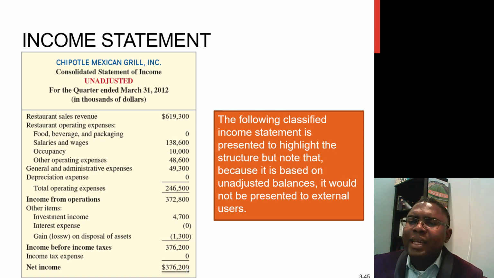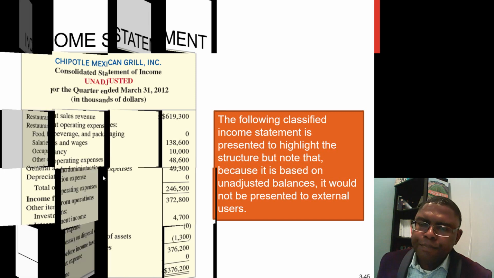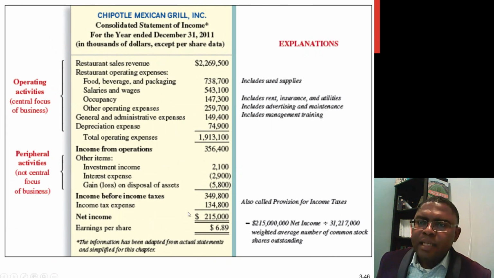Then we take the balance of those T accounts to a trial balance, and then from the trial balance we take revenue and expenses to form our income statement, from which we can have our net income. So this is a complete income statement, like the one we had at the beginning of the slide.